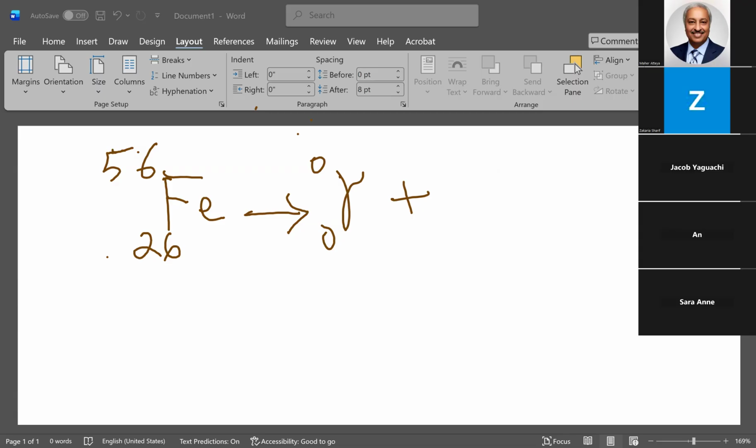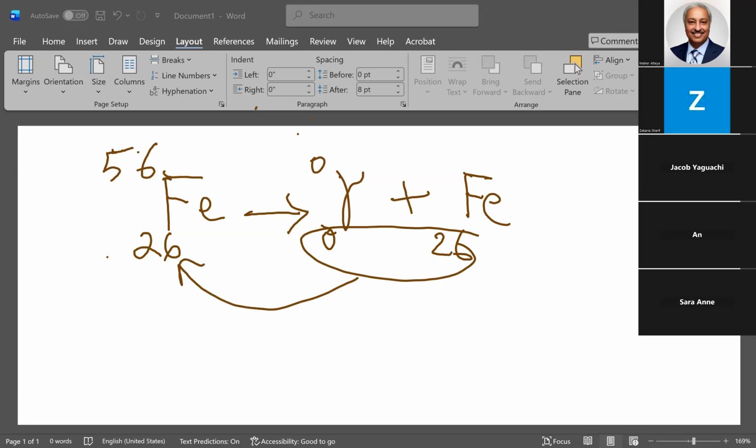It's still iron. Perfect. Why still iron? Because 26 plus 0 is equal to 26, and 56 plus 0 equals 56. So the element is iron itself, so no effect.